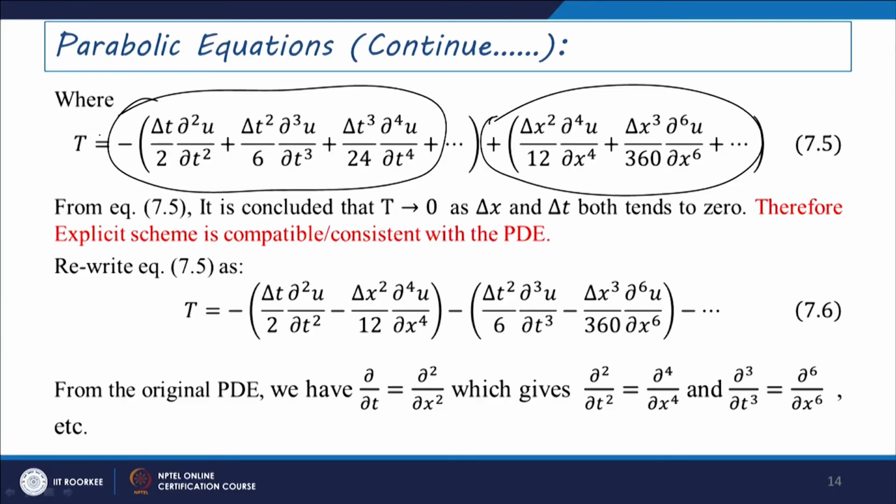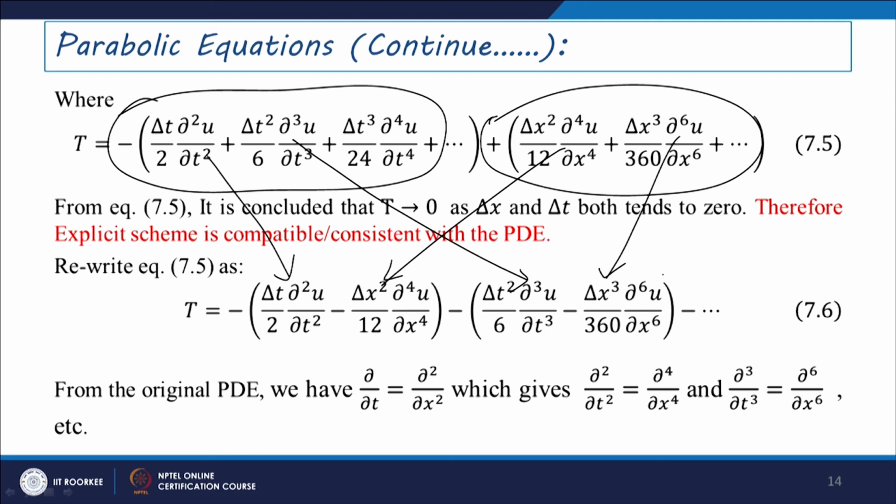And if you rewrite equation 7.5 again, we can find this difference in the form of minus del t by 2 del square u by del t square, and the first associated term from this one, that is minus del x square by 12 del to the power 4 u by del x to the power 4. Then the second term, minus of del t square by 6 del cube u by del t cube minus del x cube del to the power 6 u by 360 del x to the power 6.